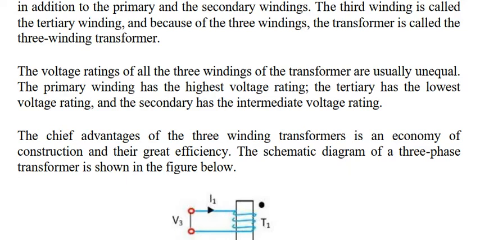And because of three windings, the transformer is called the three winding transformer. The voltage ratings of all the three windings of the transformer are usually unequal. The primary winding has the highest voltage rating. The tertiary has the lowest voltage rating.